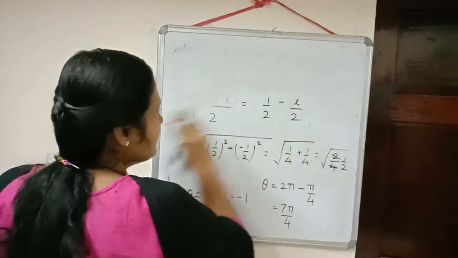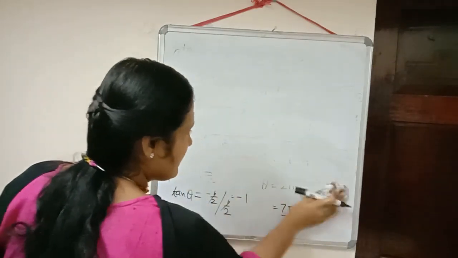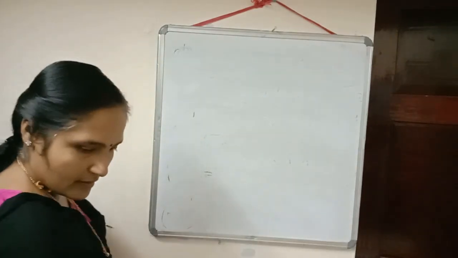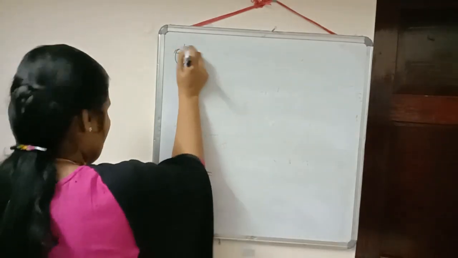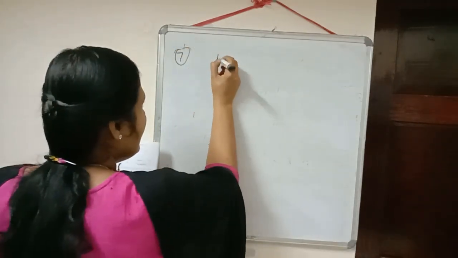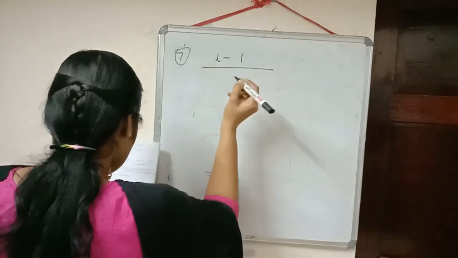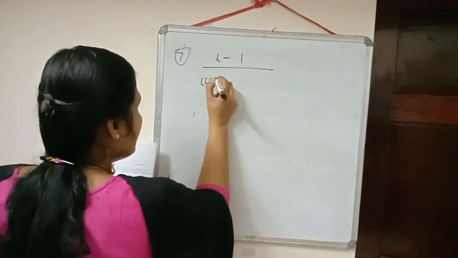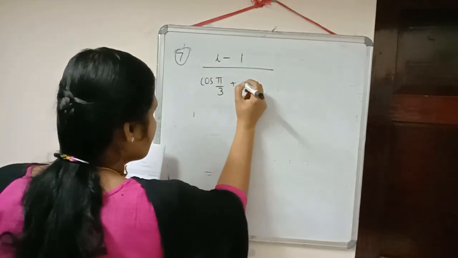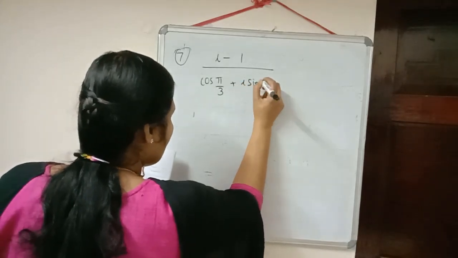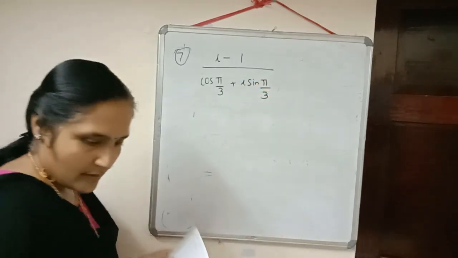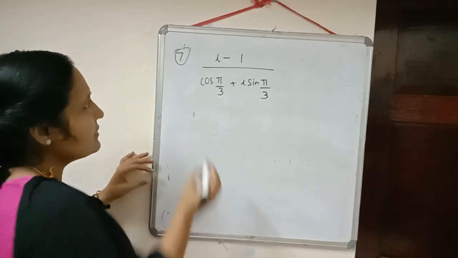Question number 7 is i minus 1 by cos pi by 3 plus i sin pi by 3. So here first we can substitute the values.